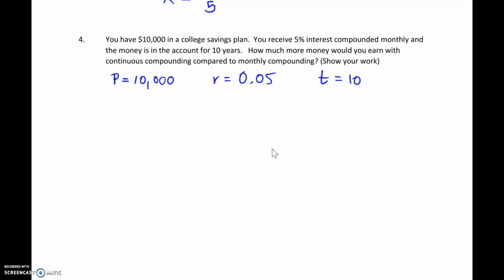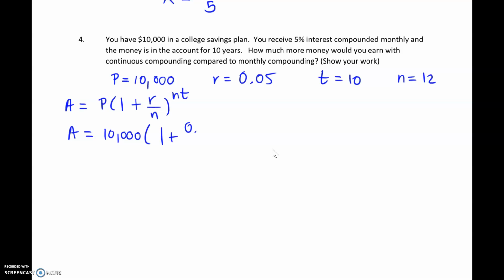So our compound formula is our accrued amount is equal to the principal times 1 plus the rate divided by the number of compounds to the power of n times t. And again, n is equal to 12 because it's monthly. So plugging in over here, we have 10,000 times 1 plus 0.05 divided by 12 periods, and then to the power of 12 times 10.